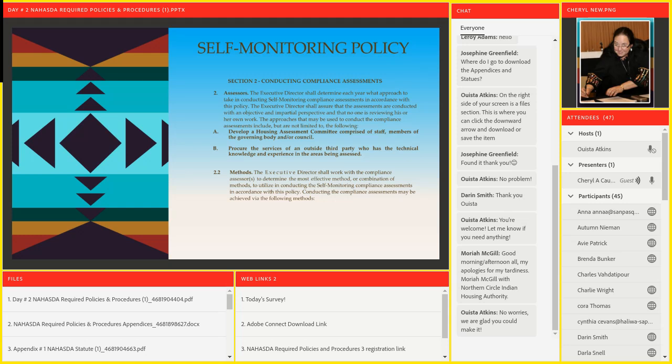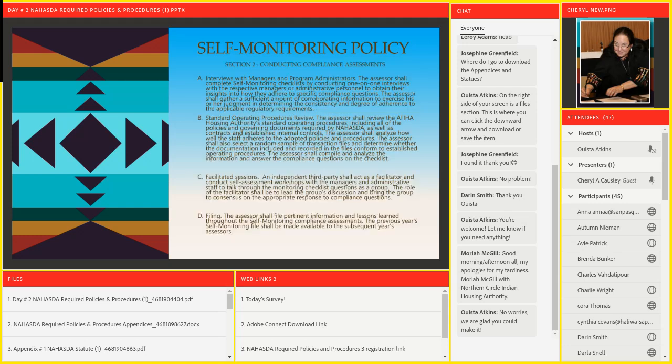Methods. The executive director shall work with the compliance assessors to determine the most effective method, or combination of methods, to utilize while conducting the self-monitoring compliance assessments in accordance with this policy. Conducting the compliance assessments may be achieved via the following methods. Interviews with managers, program administrators.